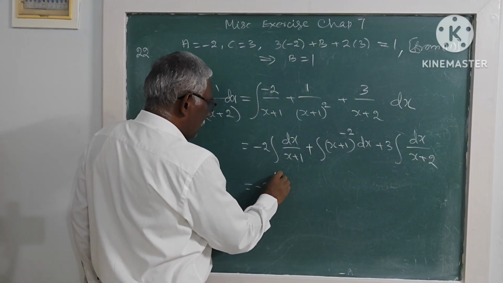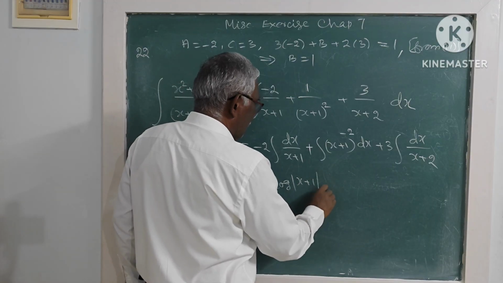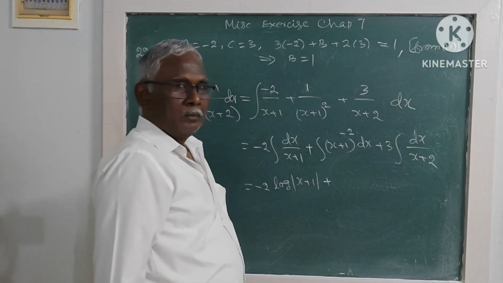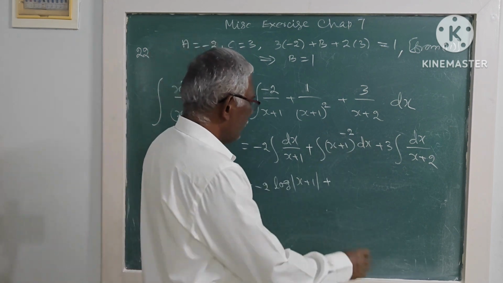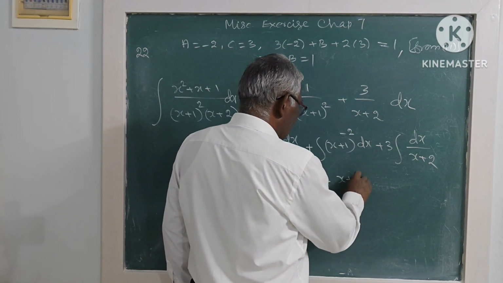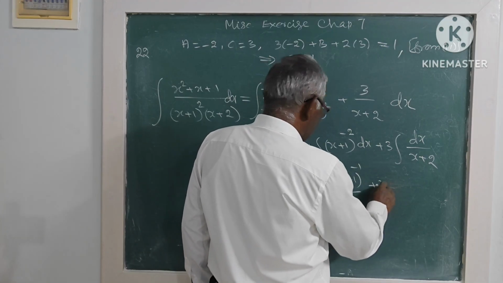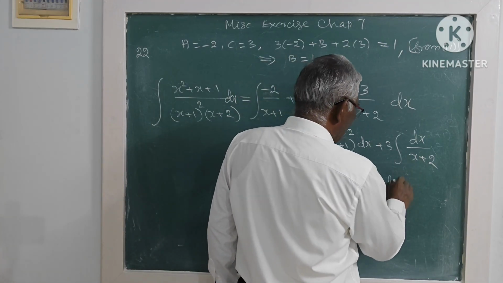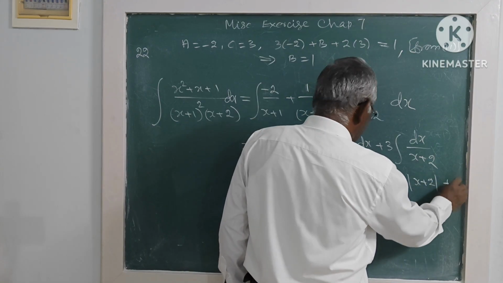So minus 2 times log of x plus 1, x plus 1 power minus 2 plus 1, so x plus 1 power minus 1 by minus 1, plus 3 times log of x plus 2 plus constant.